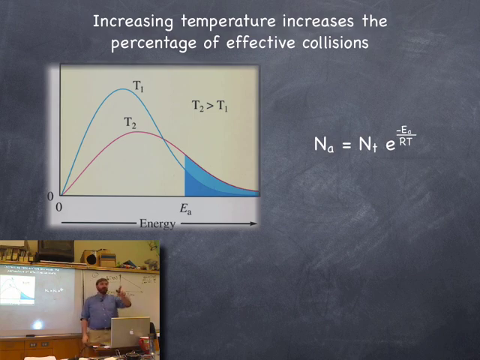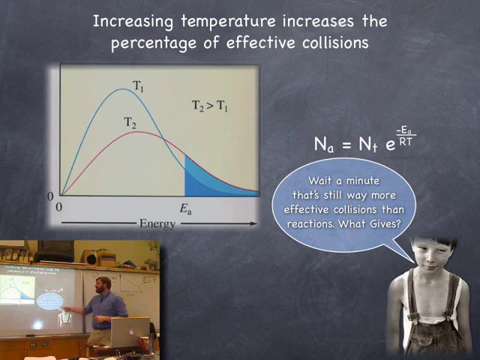Wait, hold on. Is N sub A the number of collisions that end up causing a reaction? Maybe. Sort of. Almost. There are other factors. It turns out that the number of effective collisions is actually way lower than the number of collisions that have enough energy. There's got to be some other factors involved here.